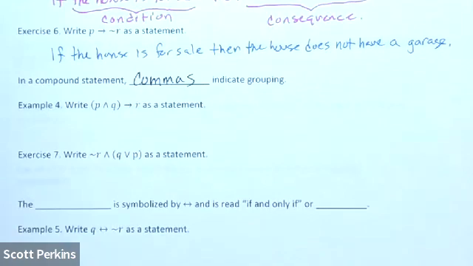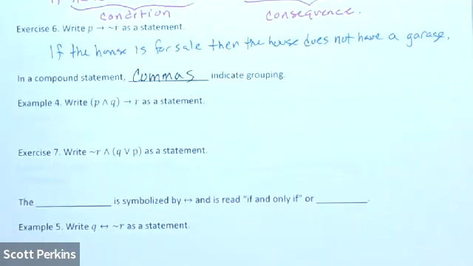Now there is an order of operations for our connectives, but I'm not going into that because that's a little too much to be responsible for here. So we're just going to talk about grouping as far as parentheses and how that equates to commas.